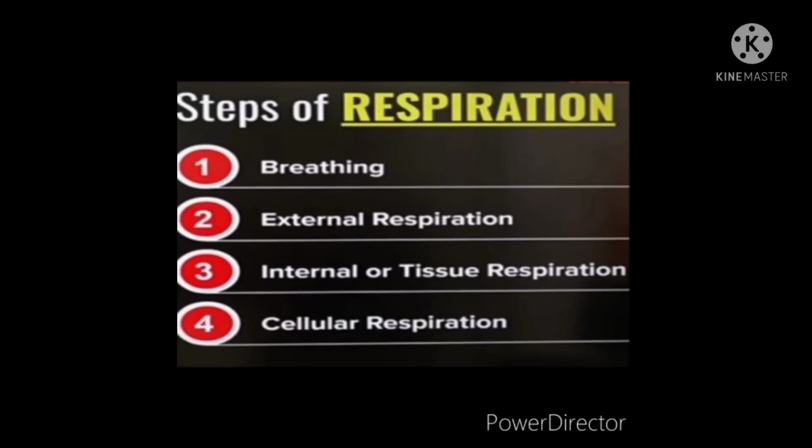Now we will read about external respiration. The exchange of oxygen and carbon dioxide between the inhaled air and the blood through the surface of the respiratory organ is known as external respiration. This external respiration takes place because of the higher pressure of oxygen in the inhaled air as compared to carbon dioxide.